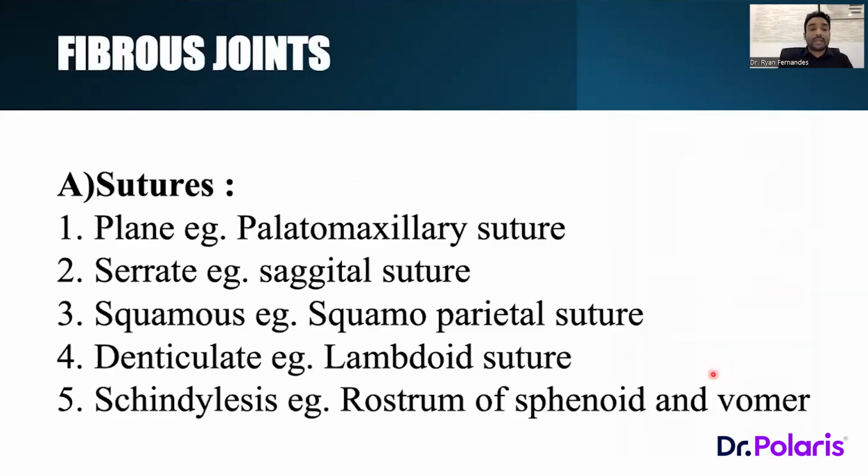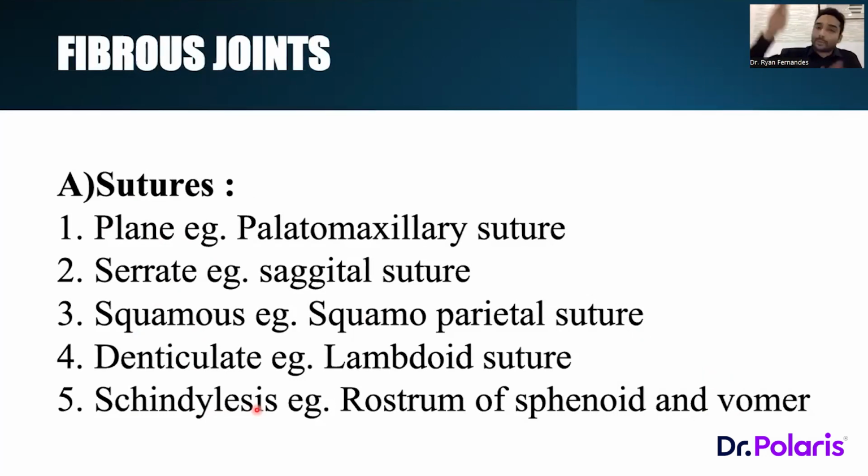Now we come to each one. So sutures are further divided into plain sutures, serrated sutures, squamous sutures, denticulate sutures, and sindesmosis. It might sound very traumatic, in fact, to read all this. So now from the joints, we came to synovial joints and solid joints.